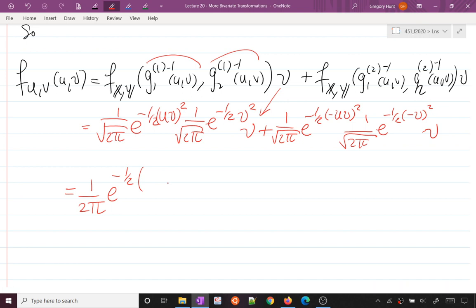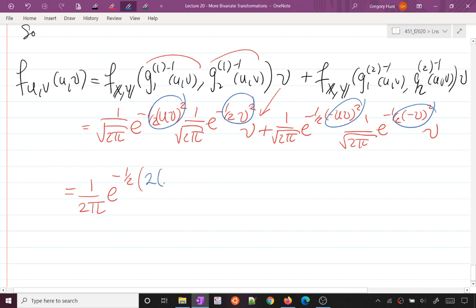Which is u squared v squared plus v squared, but we actually have that for both the exponents. So we have that here, and we have that here, and we have that kind of repeated again. So what we actually get is 2 times u squared v squared plus v squared. So I think that should be the right exponent for that.